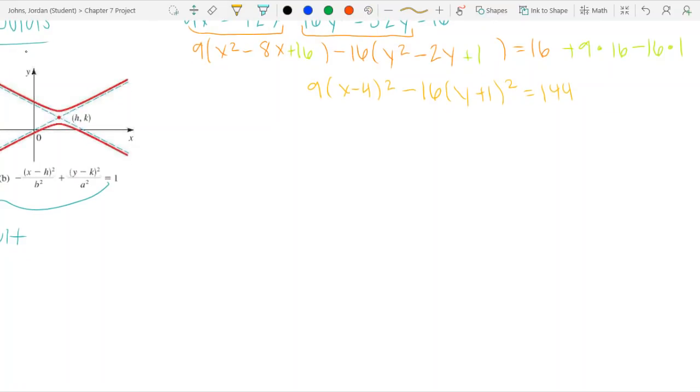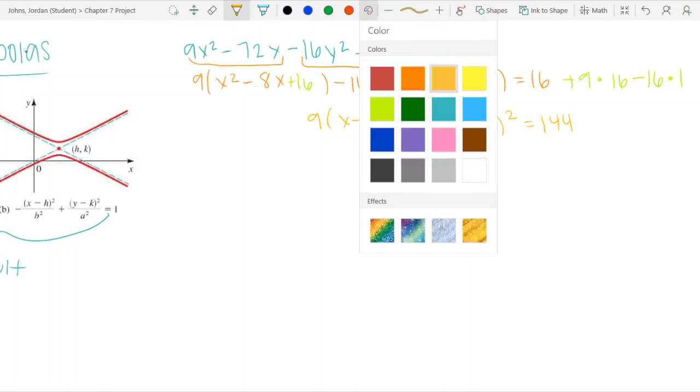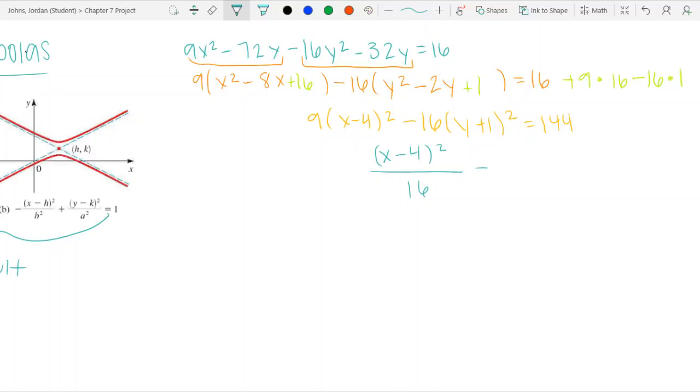And then divide this by 144, which gives you (x minus 4) squared over 16 minus (y plus 1) squared over 9 equals 1.